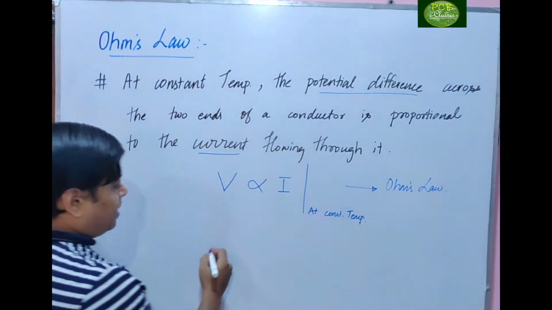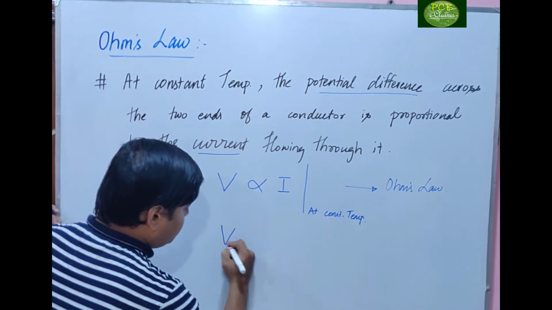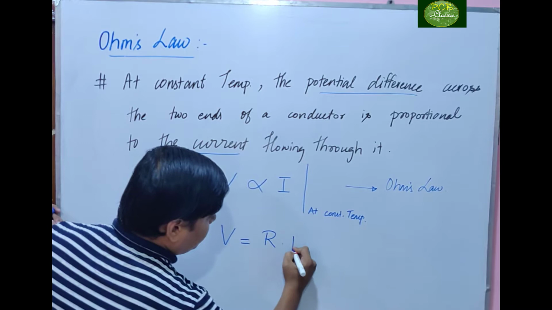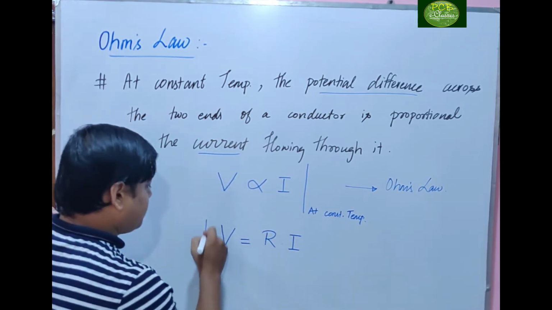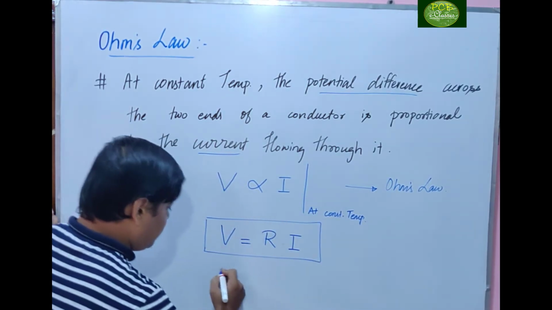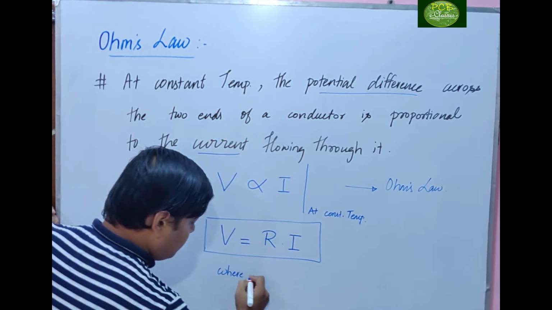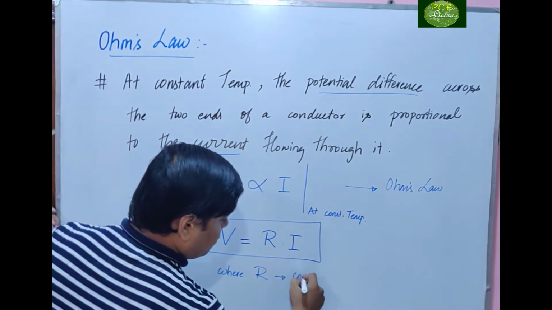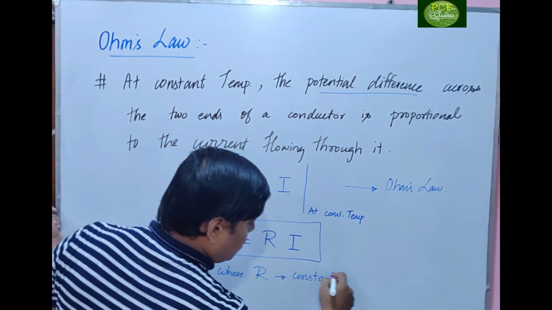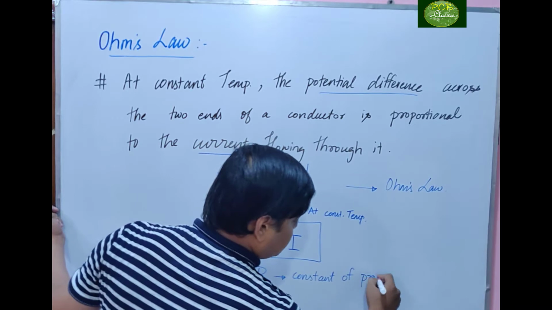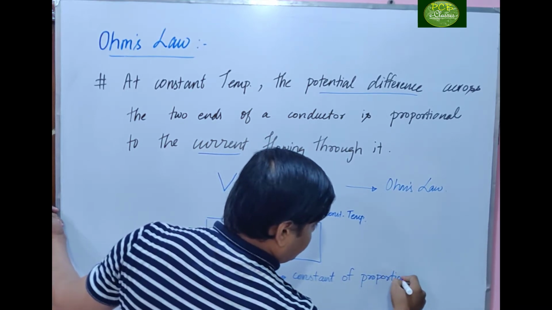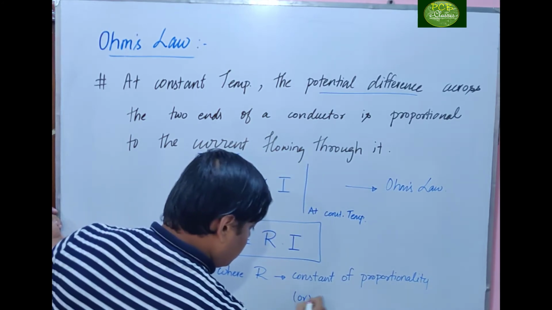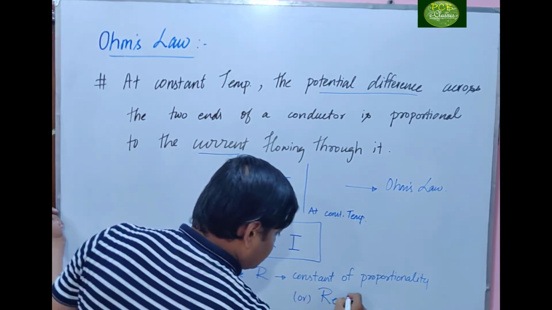If I write it mathematically, then V will be equal to some constant of proportionality times I, where R is treated as the constant of proportionality, or resistance.